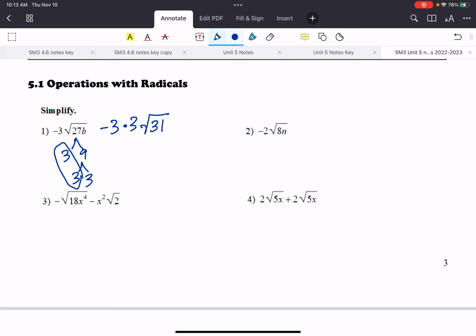So it's -9 square roots of 3. Keep the b inside the square root because it didn't have a pair. If the b was squared, then we could take it out, but it doesn't have a pair, so it just stays in. Just like that 3 stays in, so does the b. So negative 9 square root 3b. Is that the answer? Yay. Okay, go ahead and try 2, 3, and 4.